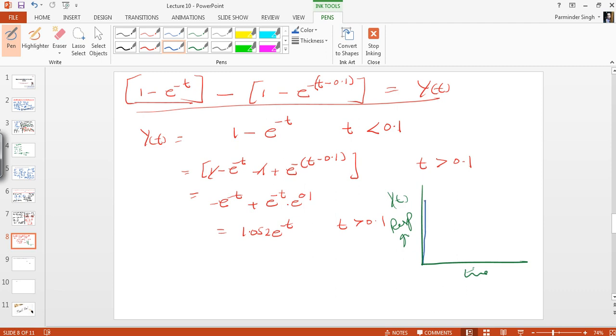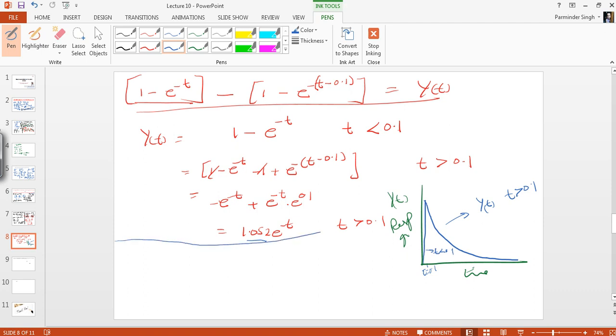Now when the time reaches t equal to 0.1, and when the time is greater than 0.1, it follows this graph. So this is your y(t) for t greater than 0.1, and this was y(t) for t less than 0.1. Now we need to compare this response with that of the impulse.